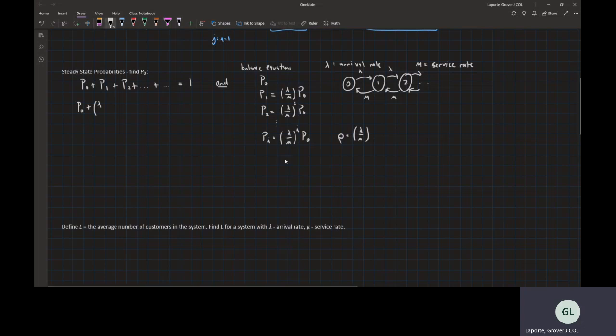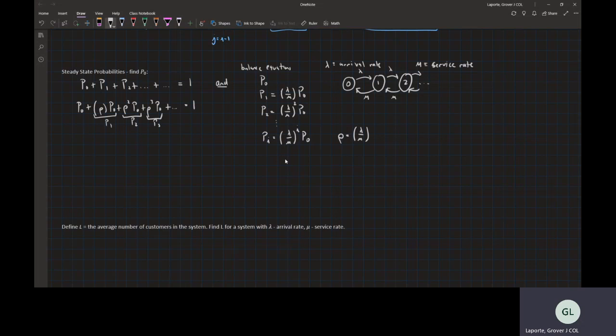I just said we were going to use rho, so I'm going to start writing rho now. P0 plus rho P0 plus rho squared P0 plus rho to the third P0, right? So this one would be P1, this would be P2, this would be P3, plus dot dot dot, and if we add them all up, we better get 1.